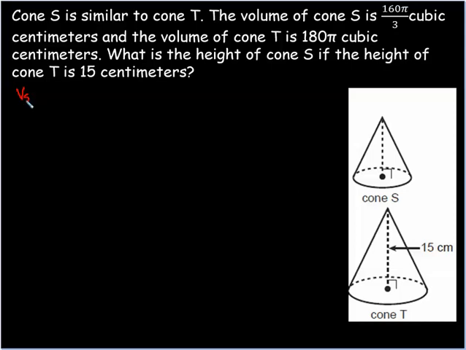And I'm trying to write smaller. The volume of cone S is 160 pi over 3 cubed. And we don't need parentheses there.